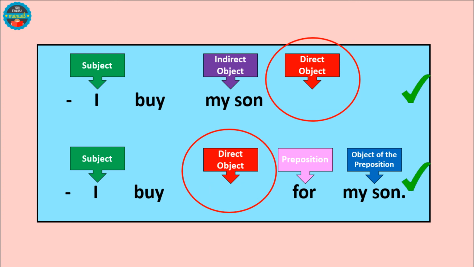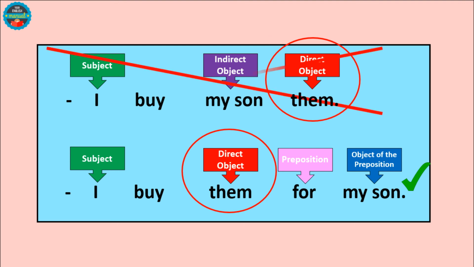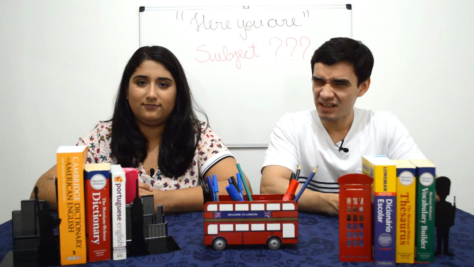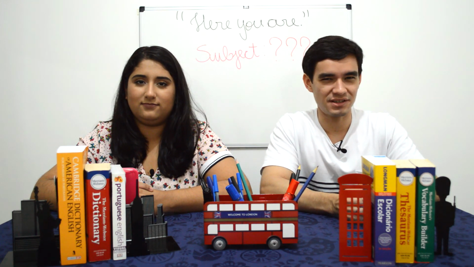But if we substitute books for the object pronoun them, the only possible way to say this is changing the order. Therefore, we could only say I buy them for my son. We could not say I buy my son them. It even sounds weird. We'll explain about object pronouns in another video, okay?